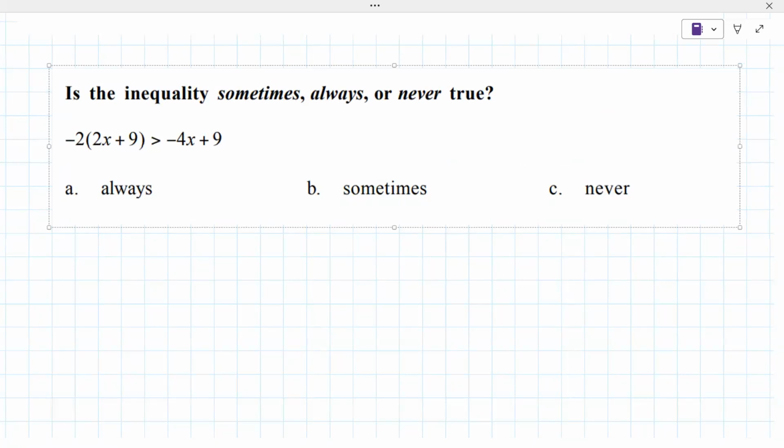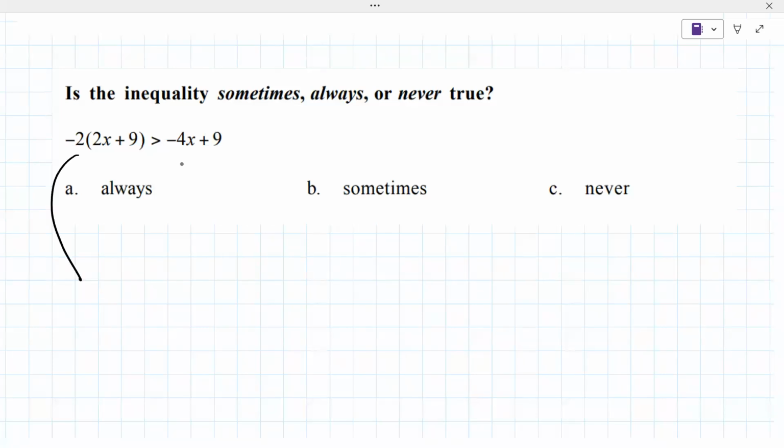-4x minus 15. Always. How did you come up with that?